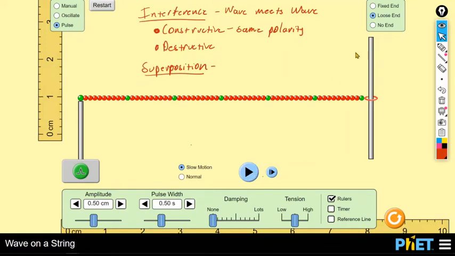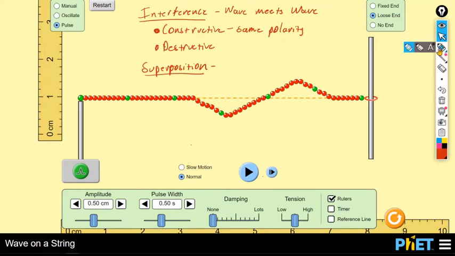Now I'm going to send a wave down this string and let it reflect back, and there we go. Now I have two waves going towards one another. One is moving to the right and the other is moving to the left. Now the amplitude of this wave is negative 0.5 centimeters, half a centimeter.